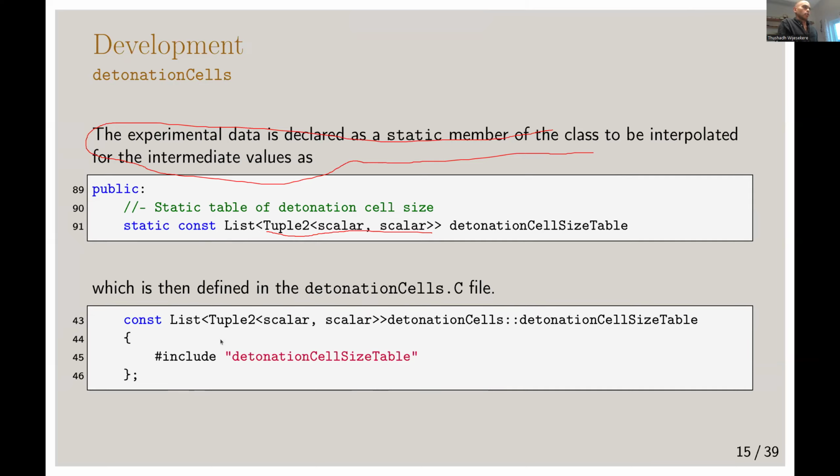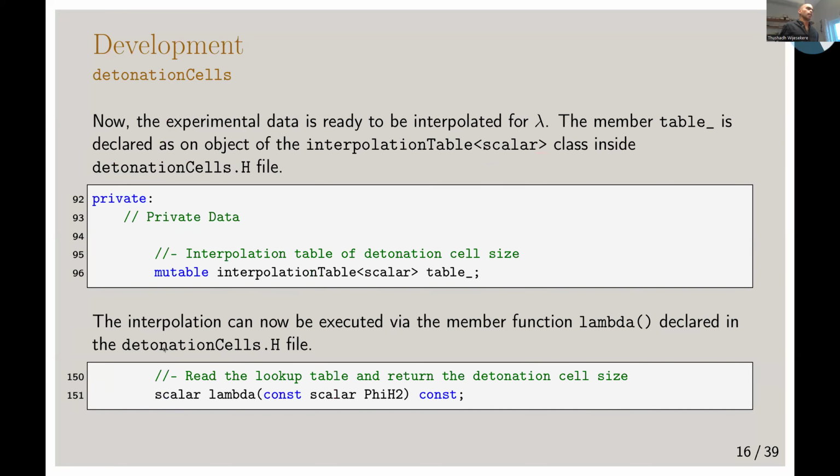So this is defining the header file, and then we include the actual table in the .C file using these four lines. This include statement just copies and pastes the content of the file into this place in the source file.